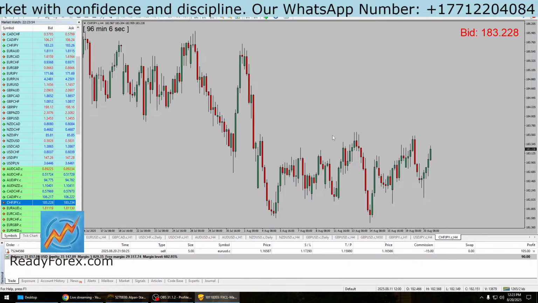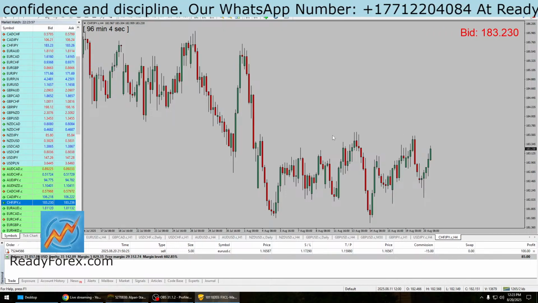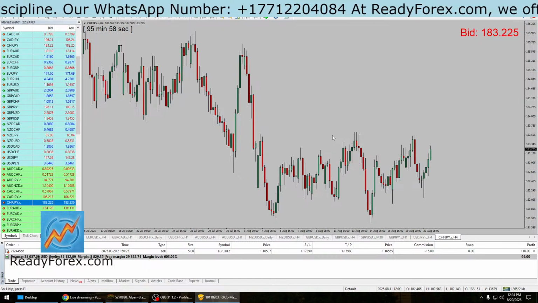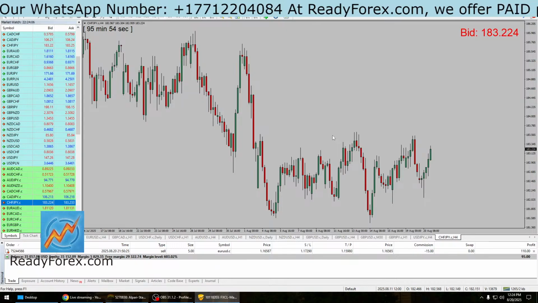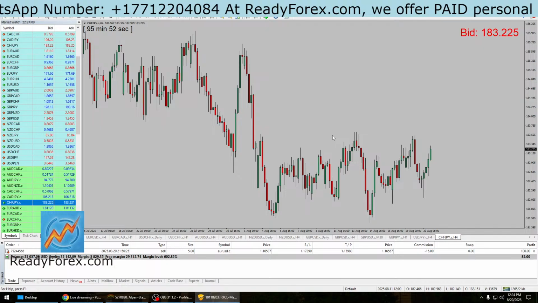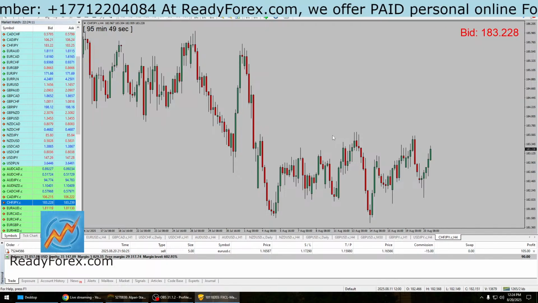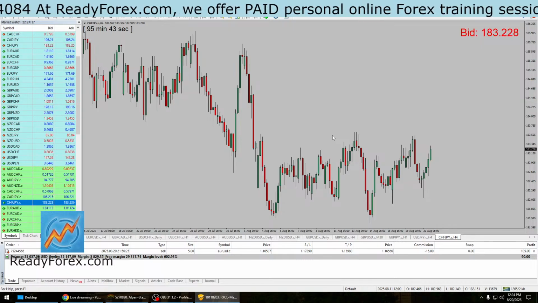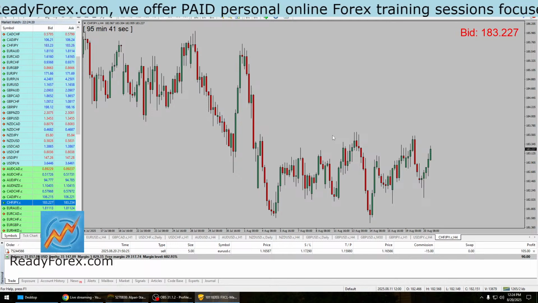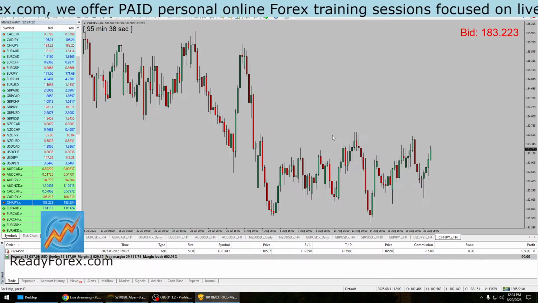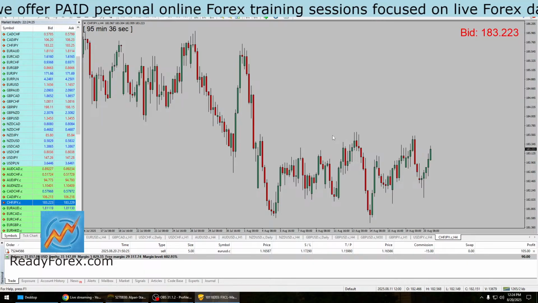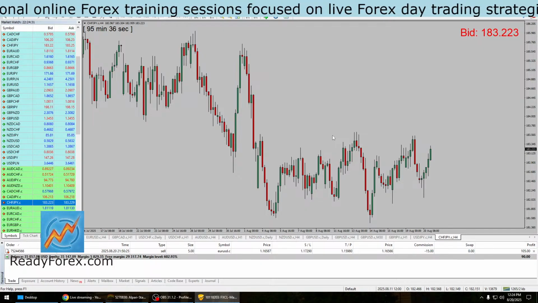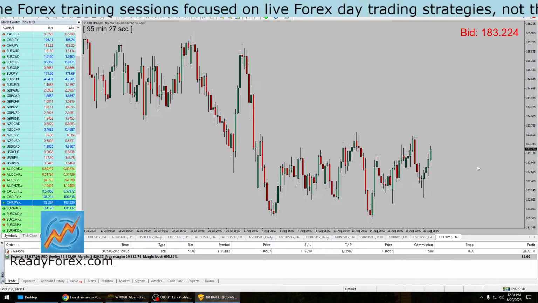Looks a little bit bearish. So Swiss franc yen, the sell setup is there.